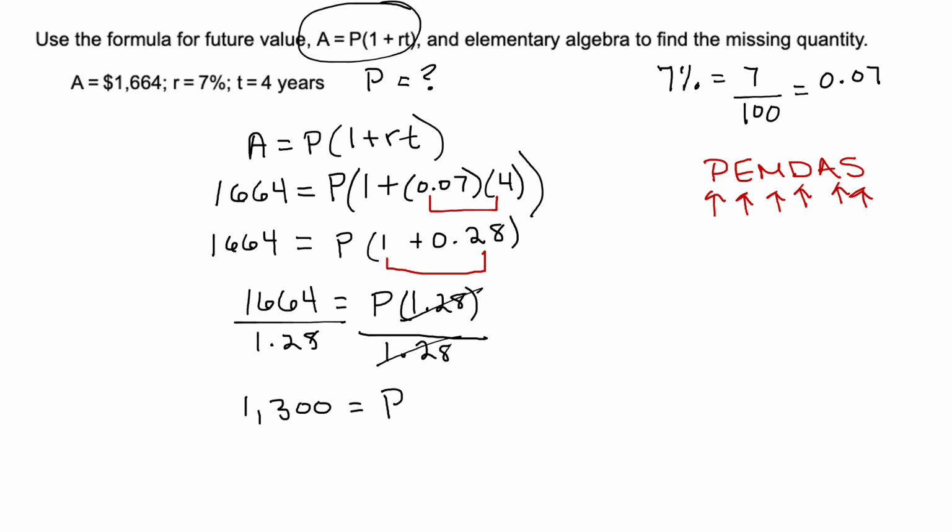Remember that P represents the principal or the initial amount of money that you invested. It's a monetary amount, so this is $1,300.